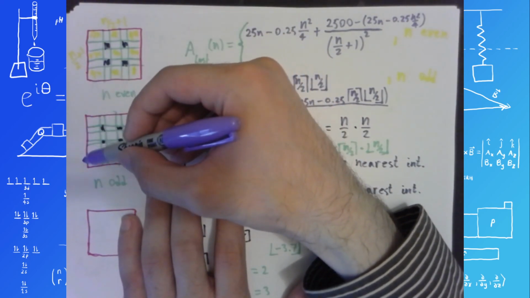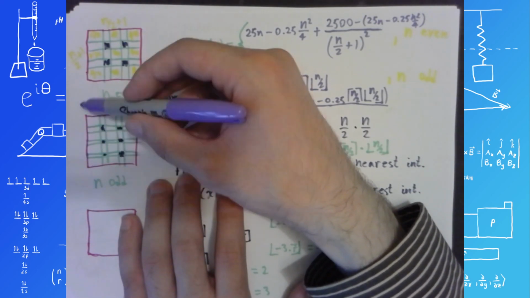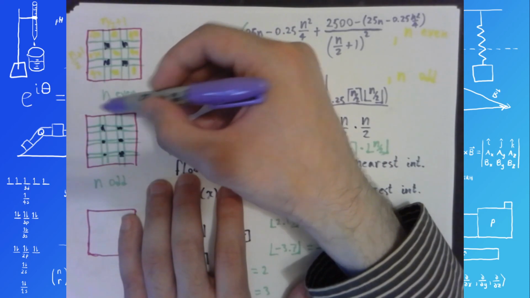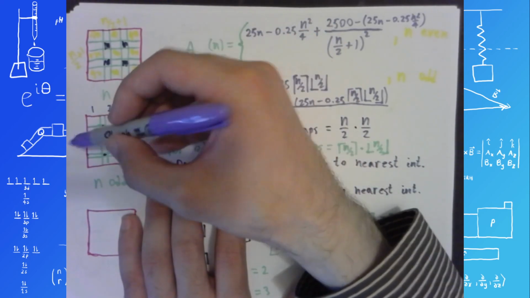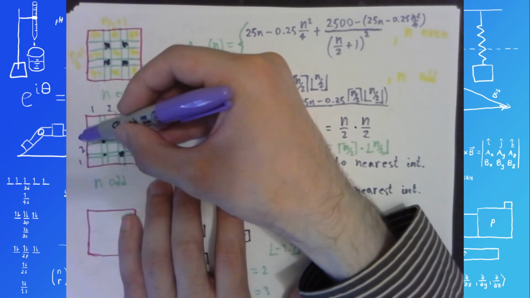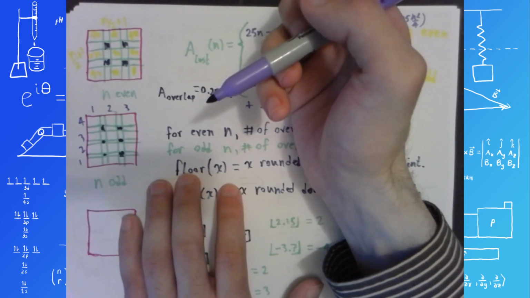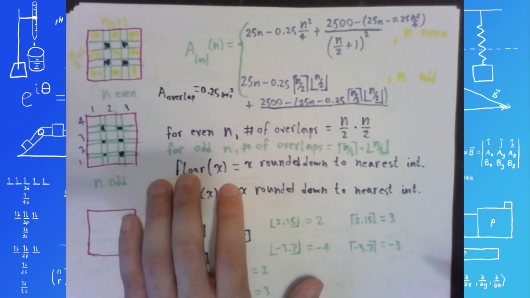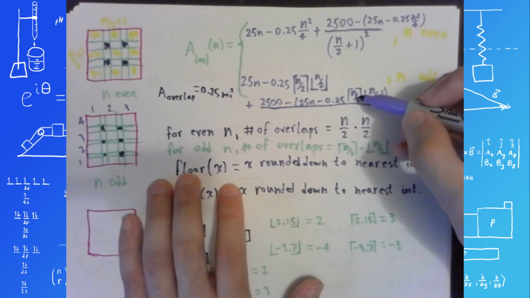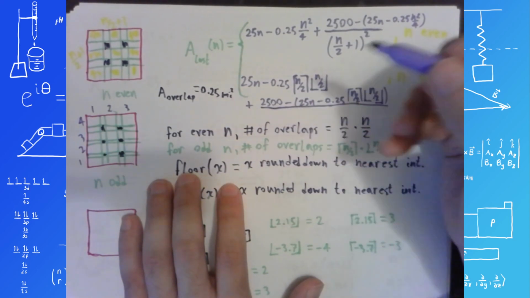It's still going to be number of horizontals plus 1 on this side by number of verticals plus 1 on this side. I've got 1, 2, 3 for 2 verticals, and I've got 1, 2, 3, 4 for 3 horizontals. So it's just going to be ceiling of n over 2 plus 1 times floor of n over 2 plus 1. Oh boy.